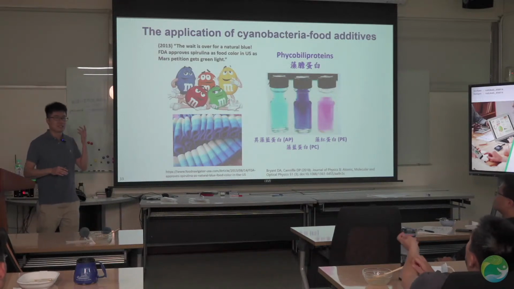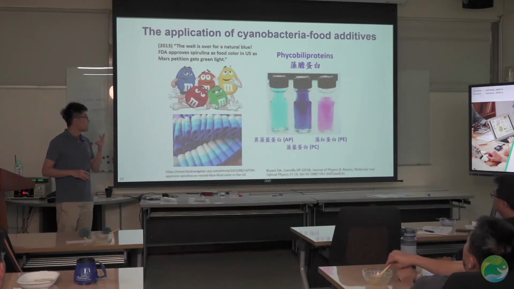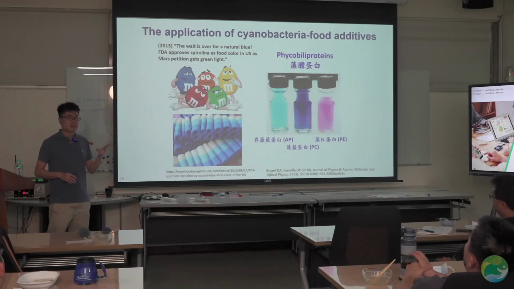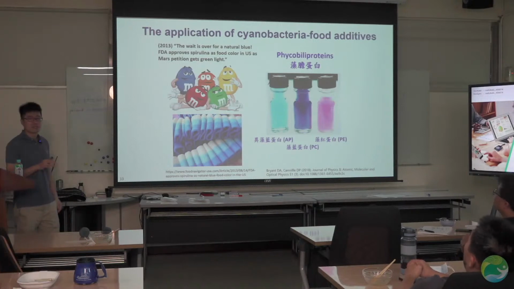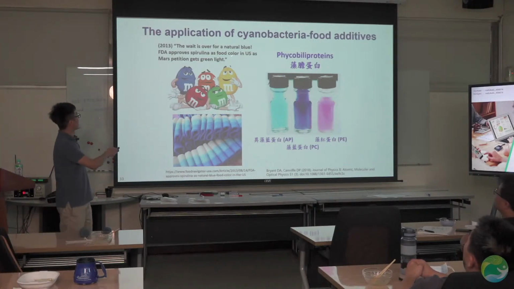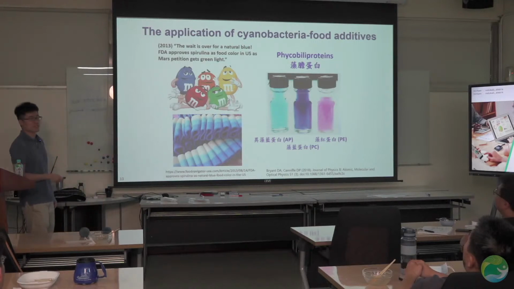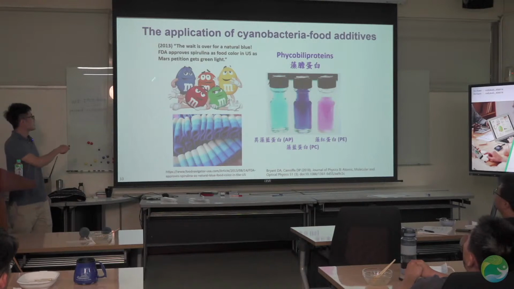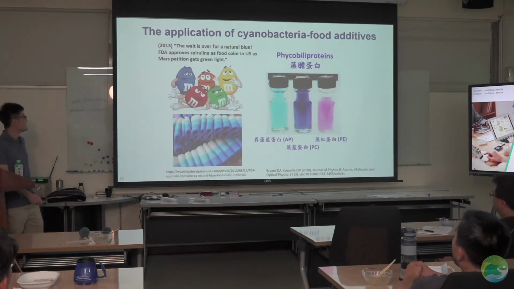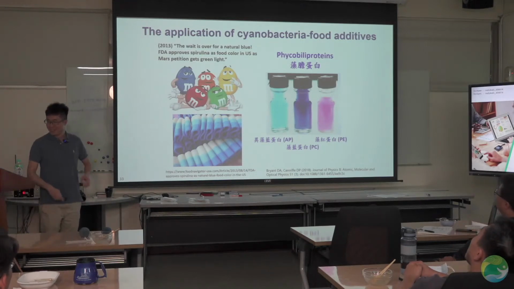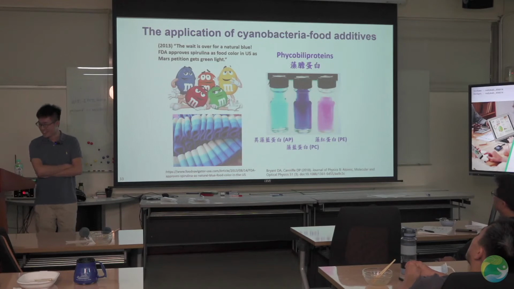You can find natural green, yellow, and maybe red, but blue is very difficult. So in 2013, it was the first time a natural blue color got approved by the FDA in the US. That was applied for by the company that makes M&Ms. So now for the blue color, they also have natural colors for their chocolates.